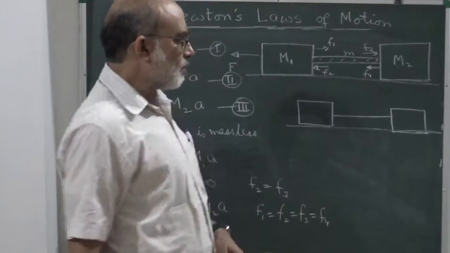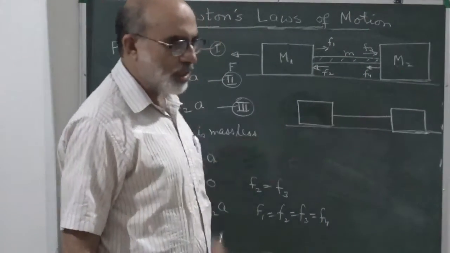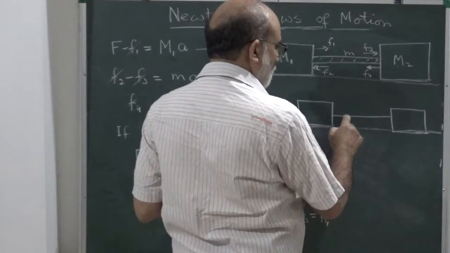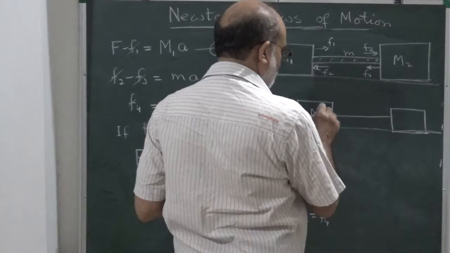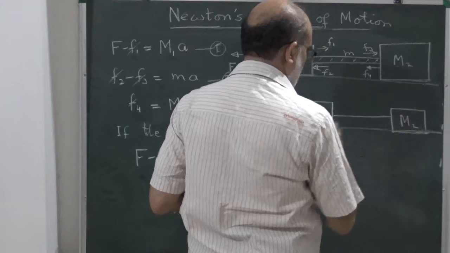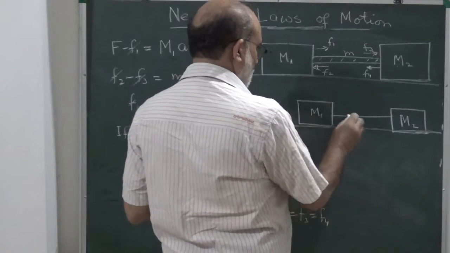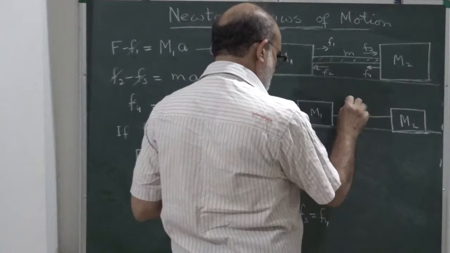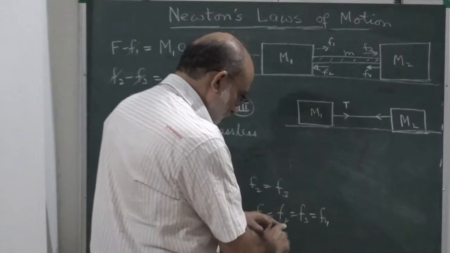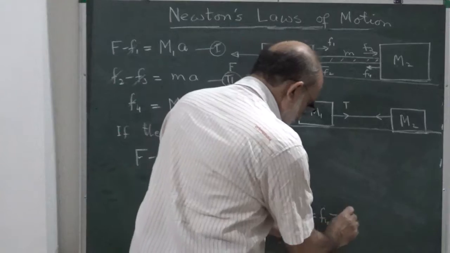Since the ropes are massless, I have just drawn a single line. It means this is an agent which transfers force from M1 to M2 without any loss in the force. So let it be called T, where T is equal to F1 is equal to F2 is equal to F3 is equal to F4.